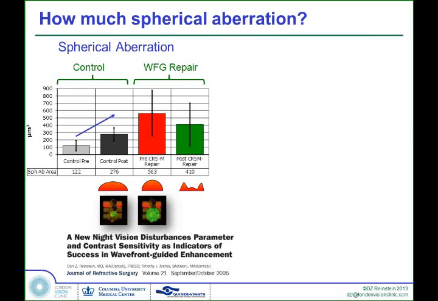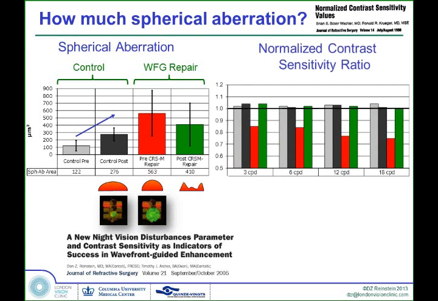So if we look across now at the contrast side of things, if you look at the control group, while their spherical aberration increased as we expected, these people still enjoyed very good contrast and good night vision. There was no detrimental effect on their vision from that elevation of spherical aberration.